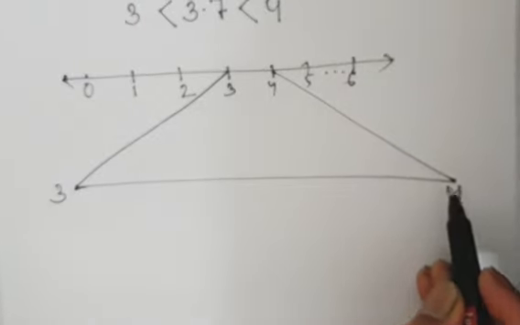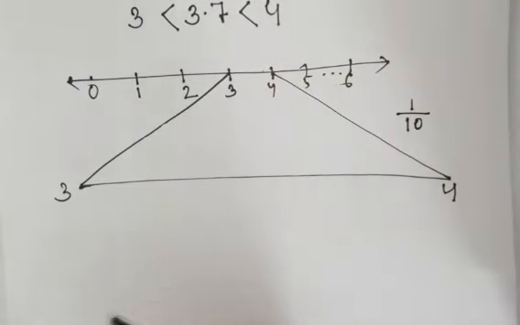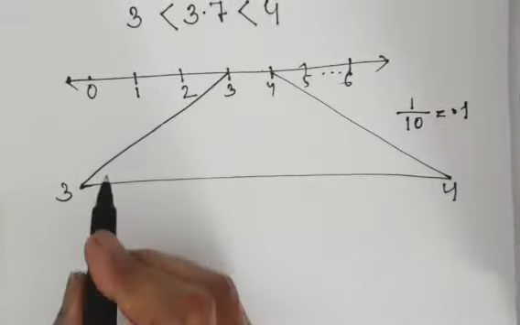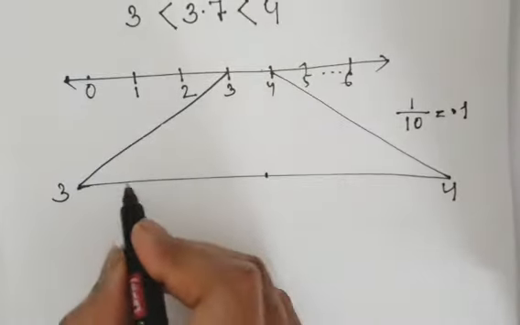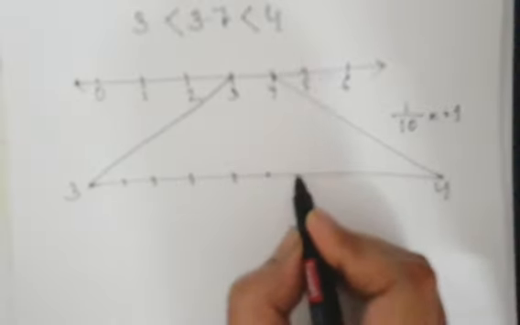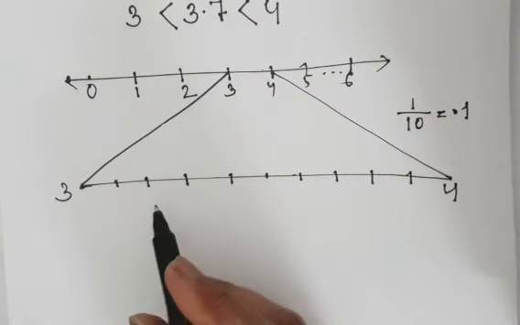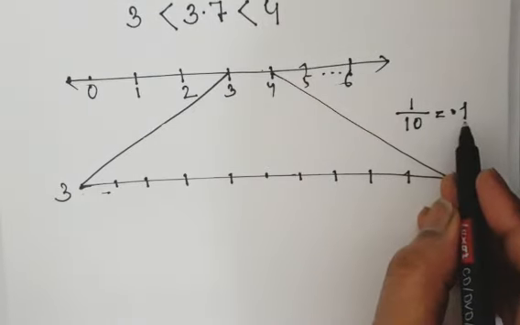Now if I divide 1 into 10 equal parts, each part is 0.1. Similarly, if I divide this line segment into 10 equal parts, 1, 2, 3, 4, 5, 6, 7, 8, 9, 10, the length of each part will be 0.1 unit length.